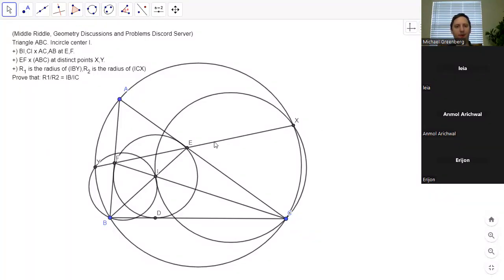Yeah, this is always tricky when you have a line connecting the feet of the angle bisectors. I don't know how to use that. Maybe it's worth letting XY and BC meet at a point. Then at least maybe we could use harmonic conjugation or something like that.